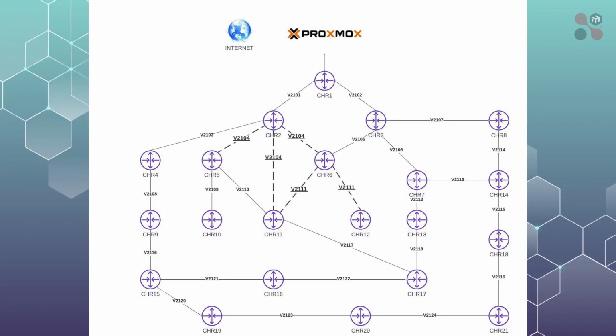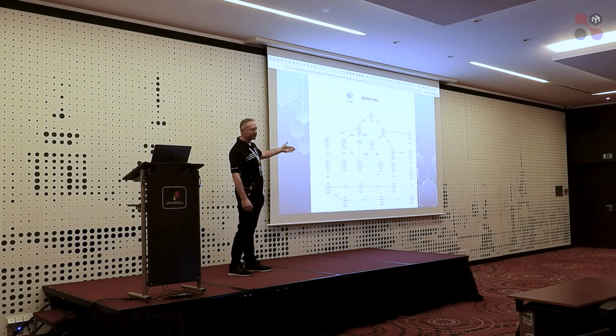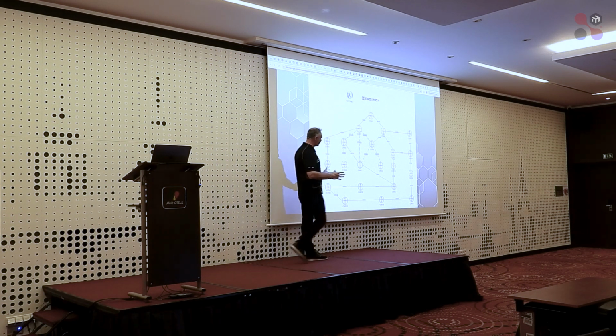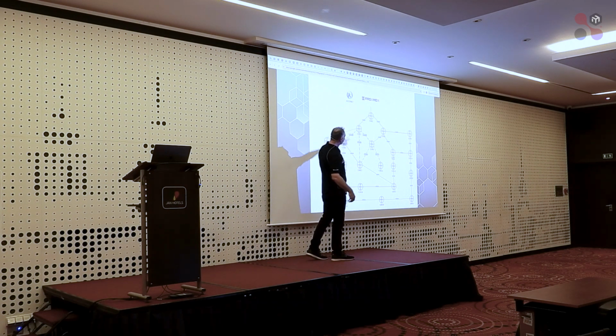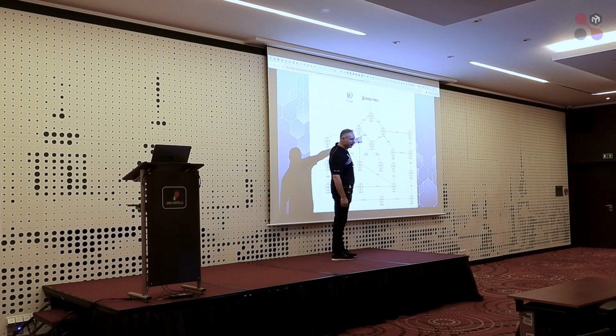So this is the lab that I wanted to build, and what you'll notice here is that I just went through in network engineering, I just assigned some VLANs to every single link. And so the way that this is going to work is that each link has its own VLAN, except for a couple of exceptions that I did for some interesting info, 2101, 2102, 2103, 2104. So 2104 is a shared network.